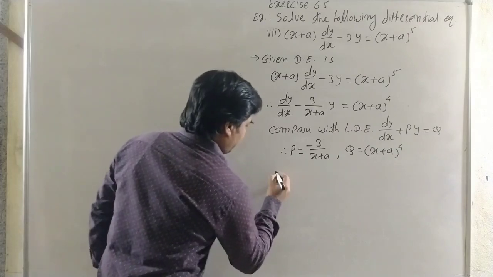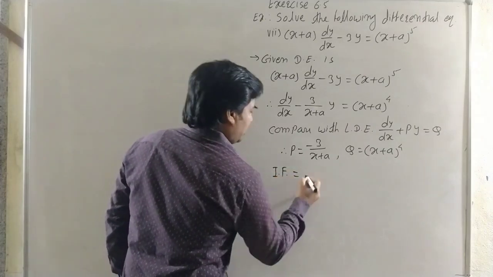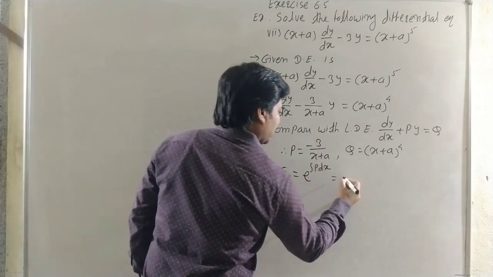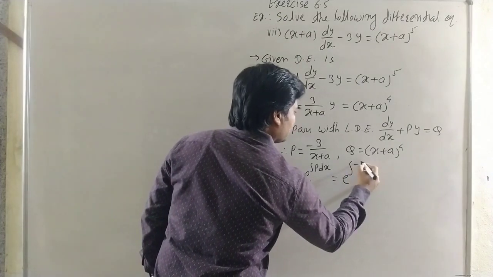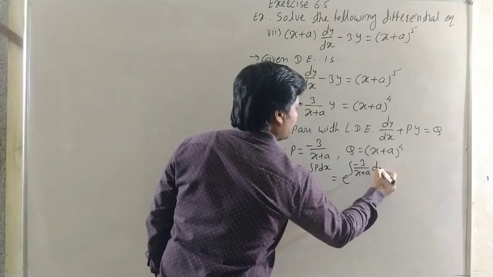Now the integrating factor is e to the power integral of P dx, that is e to the power integral of -3/(x + a) with respect to x.